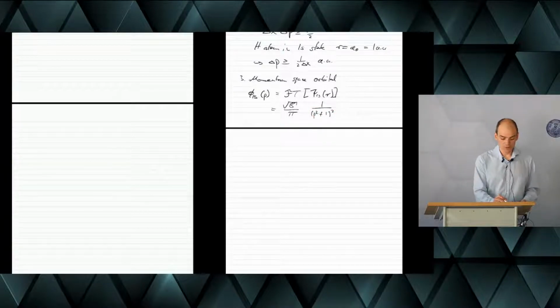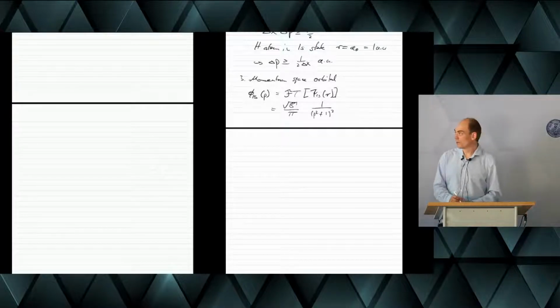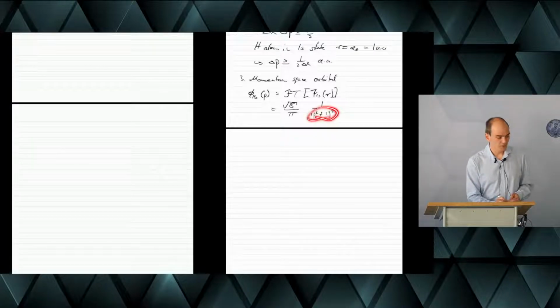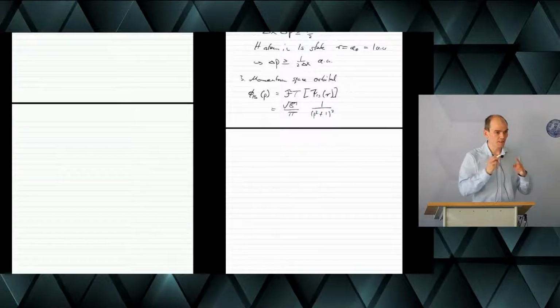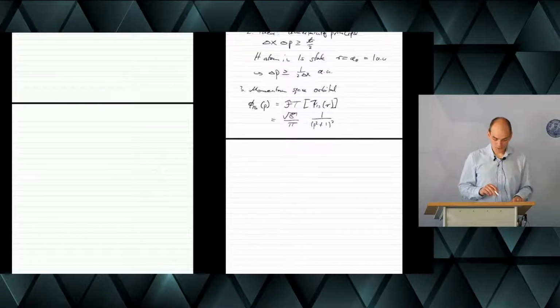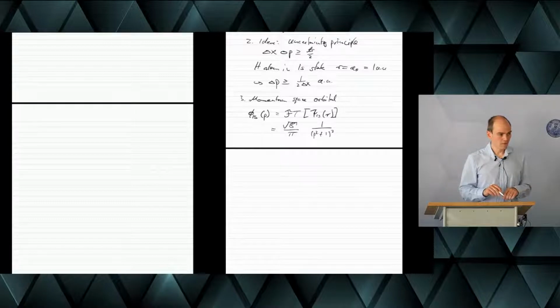You can see here that the maximum is around 0, but it doesn't have a cusp at 0 as the spatial orbital does. The spatial orbital has this e to the minus r dependence, and this one does not.